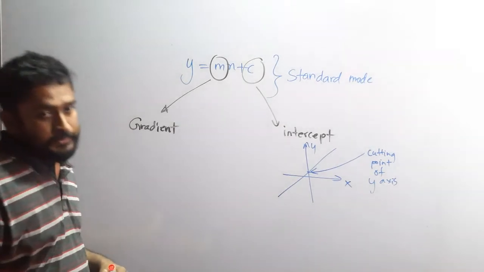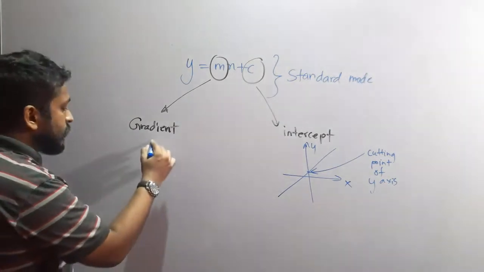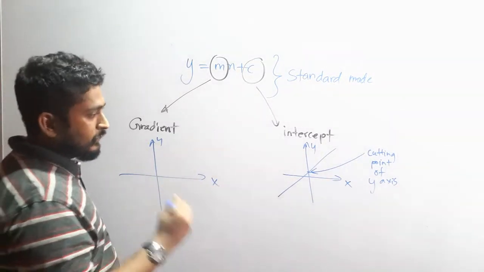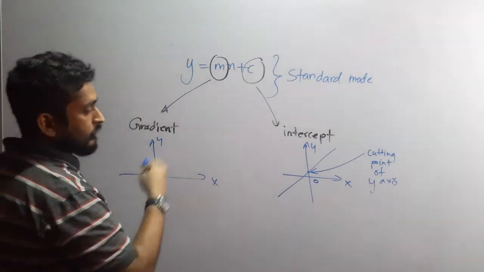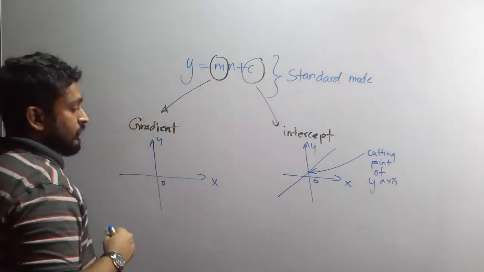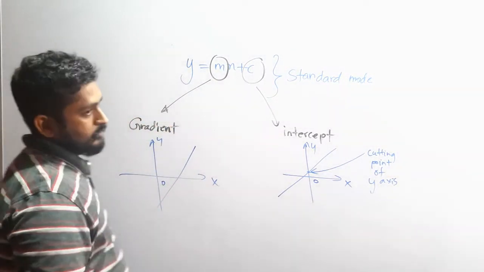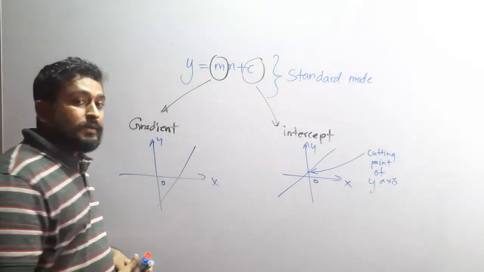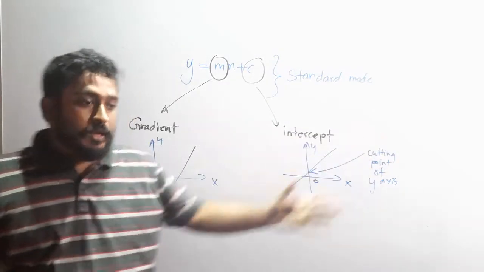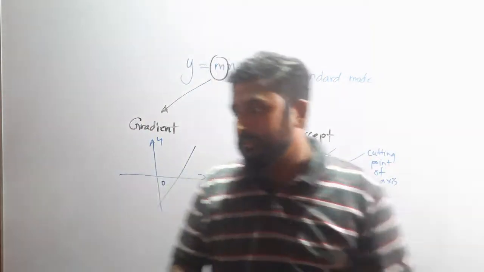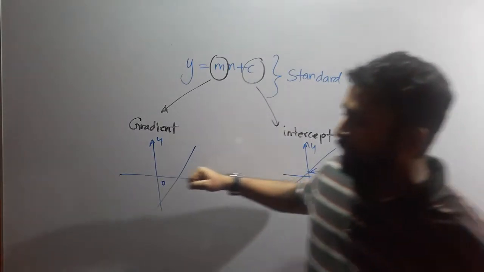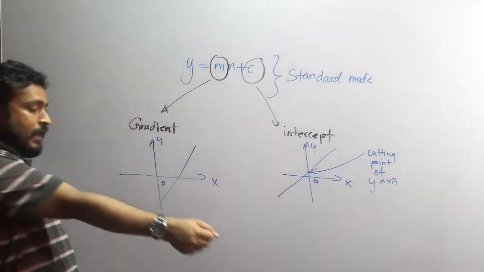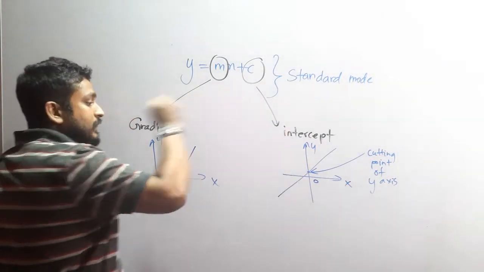What about the gradient? Gradient is something more advanced. Once you draw a straight line in the coordinate plane, which includes the origin, the cutting point of the main axes, we should measure the angle with reference to the positive direction of the x-axis, not the negative side of the x-axis.